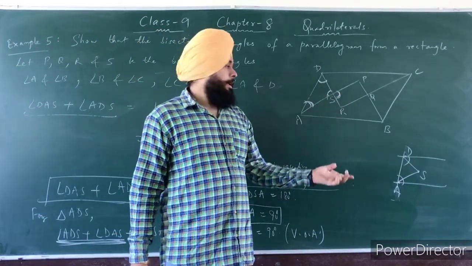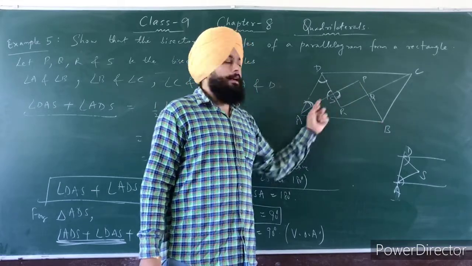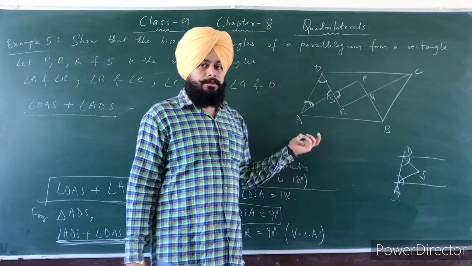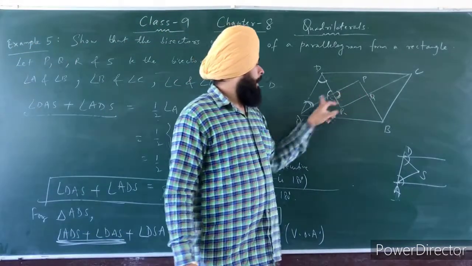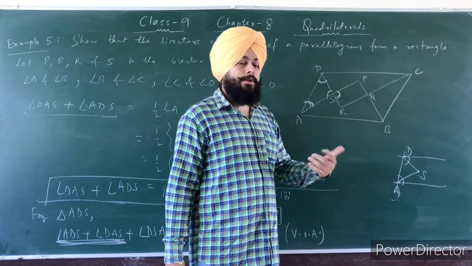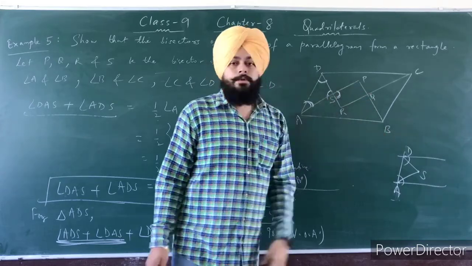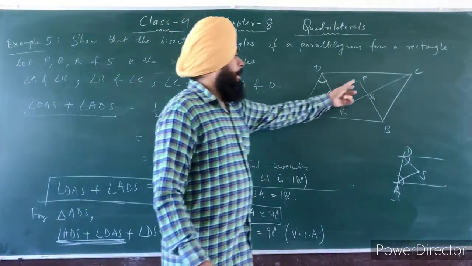So again similarly you can take this triangle APB. In this triangle APB again you can follow the same steps. So this angle APB is equal to 90 degree, or you can write angle SPQ, because angle APB is the same as angle SPQ.